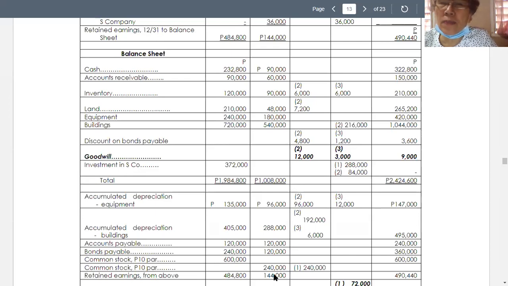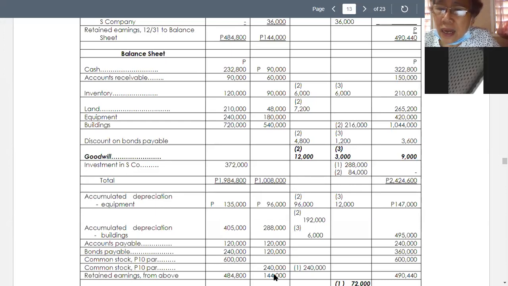Here, discount on bonds payable is among the assets, so non-current assets at that. However, if we deduct it from bonds payable, that will change the amount of our bonds payable from 360,000 to 356,800, no? If we deduct the amount of the amortization.